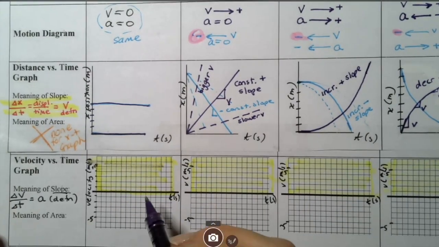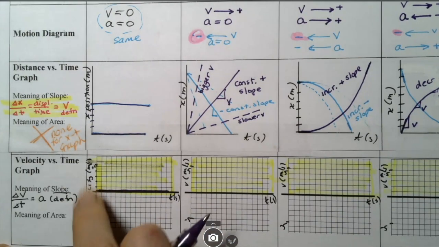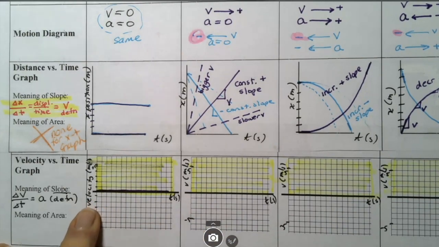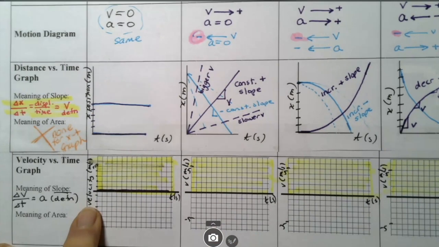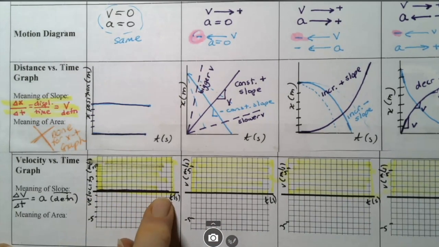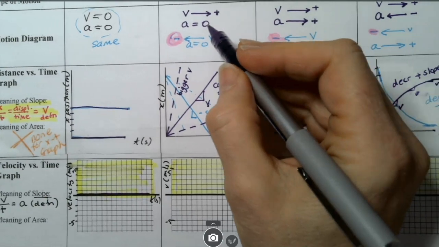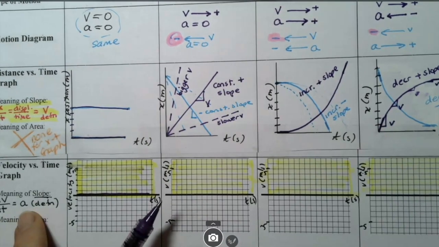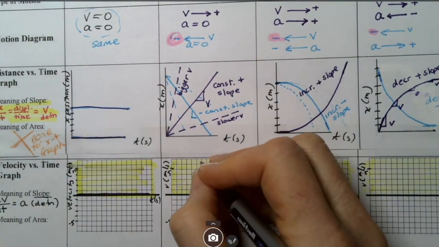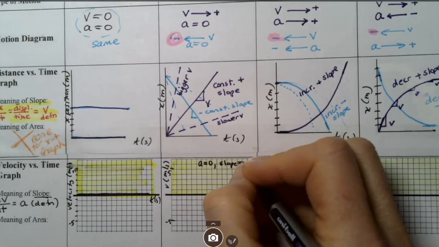Okay, when velocity is 0, well, velocity has to be marked 0. The y-axis is the value of velocity. So when velocity is 0, velocity remains 0 all the way across when you're at rest. There's no change. Here, velocity is positive and acceleration is 0. If acceleration is the slope, then having 0 acceleration means slope must also be 0.